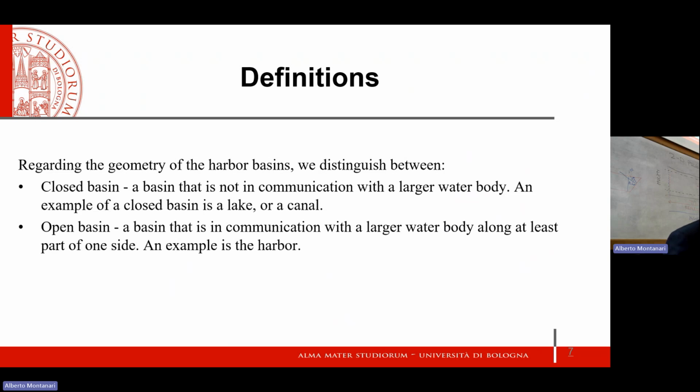It's not a different order of magnitude. So the entrance of the harbor should be quite large compared with the geometry of the harbor itself. It's not like a lake where you can have a very huge lake with a very small river outflowing from it. So the lake is a closed basin. The harbor typically is an open basin.